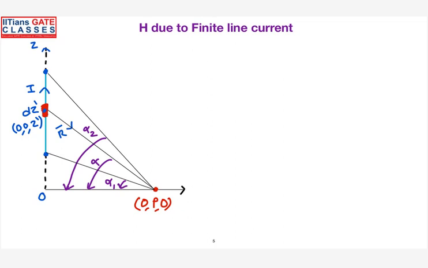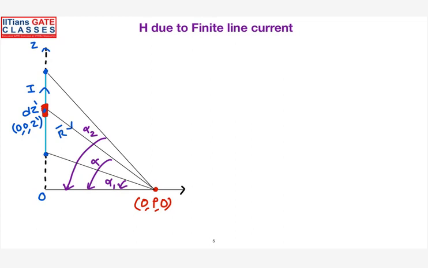What will happen when you take a finite line current? The current is flowing over a particular length only, so it's not infinitely extending. When you look at the edges, there is a discontinuity in the current. Especially with a finite line current, the current distribution is non-uniform at the edges, whether it is the lowest edge or the upper edge.